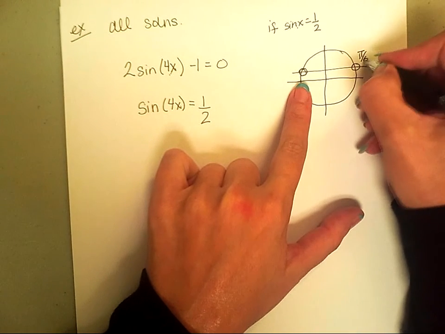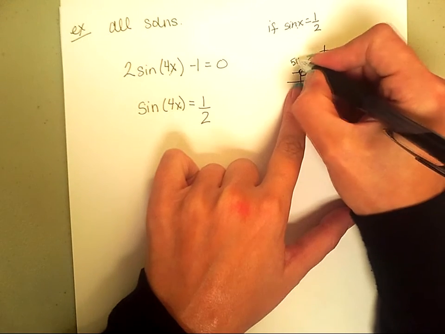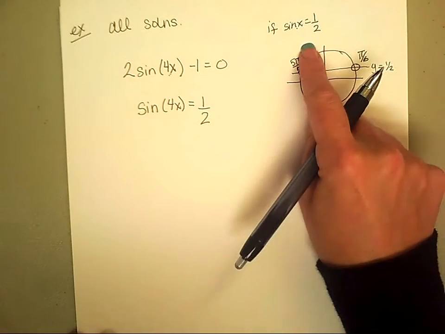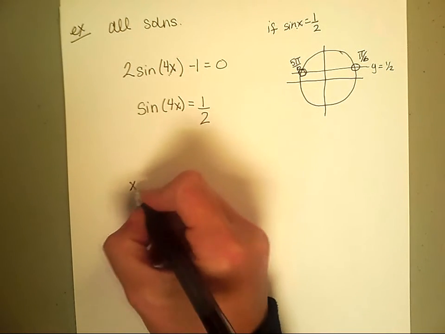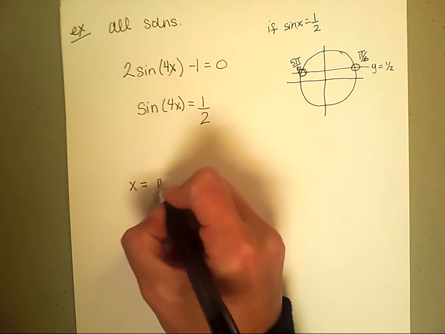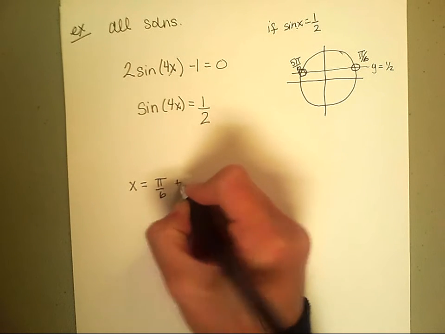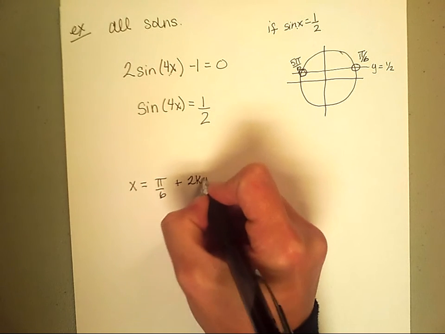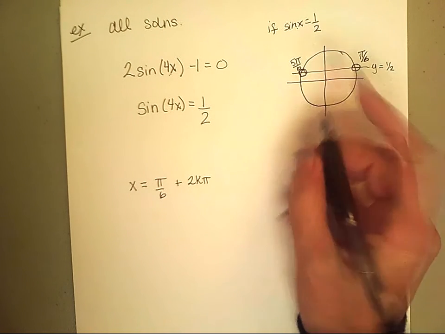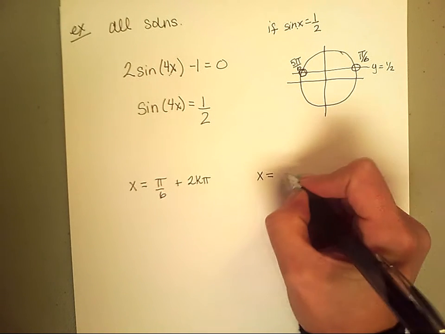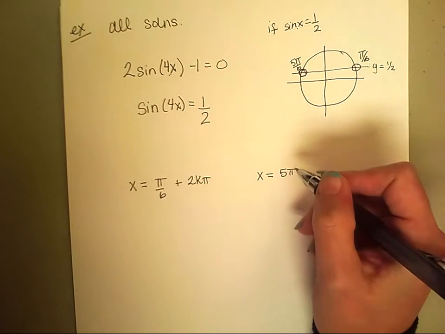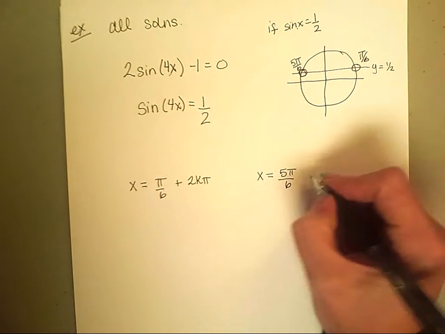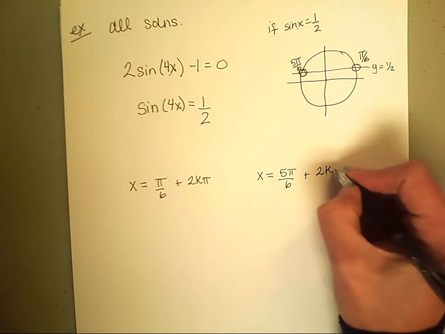So we know that this angle is pi over 6, and this angle is 5 pi over 6. If we were just solving this, then our solutions would be x equals pi over 6 plus any looping of it, so plus 2k pi. And we would have a second branch, where x is equal to 5 pi over 6, and then any looping of that, plus 2k pi.